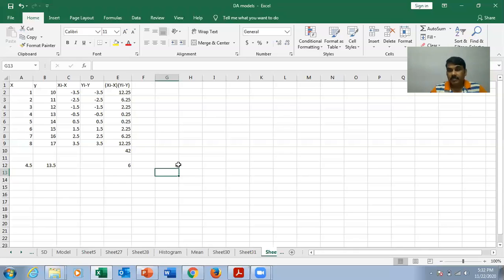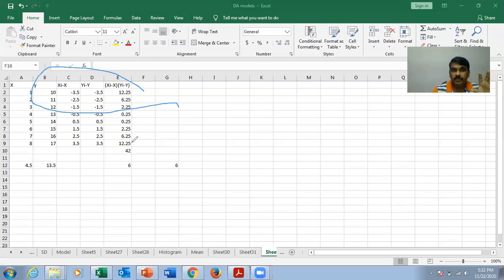The same values came for this particular analysis. The whole method that we have just used, these values came.